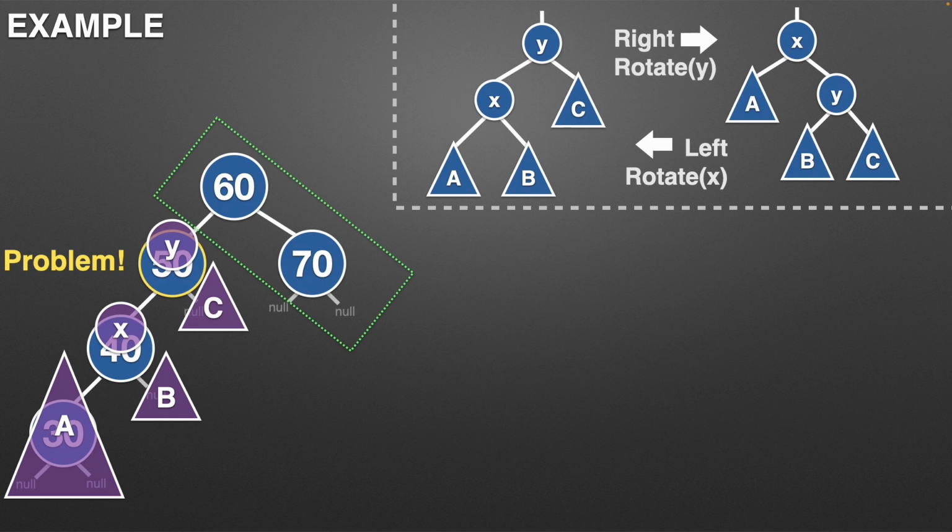Okay, and so here's our problem. Here's our nice transformation that we're allowed to do. So if we look at this and we overlay it so that it matches one of these, we can put y over 50, x over 40, a, b, and c, just like this, so that it matches this.